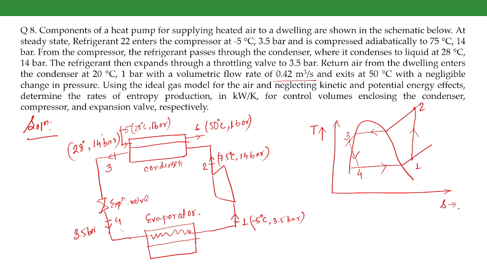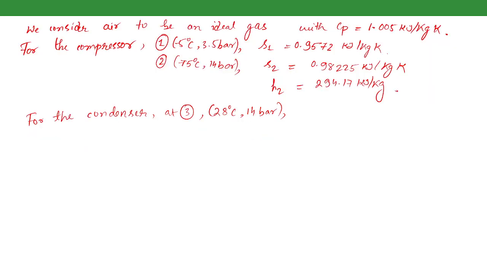We know that close to the liquid condition, the enthalpy and the property values of the compressed liquid are equal to the value of the saturated liquid point corresponding to that saturation temperature. So we can write S3 to be equal to Sf at 28 degrees Celsius at 14 bar.